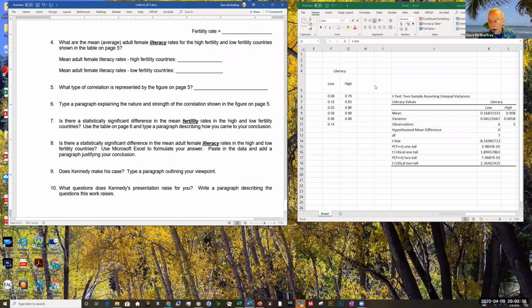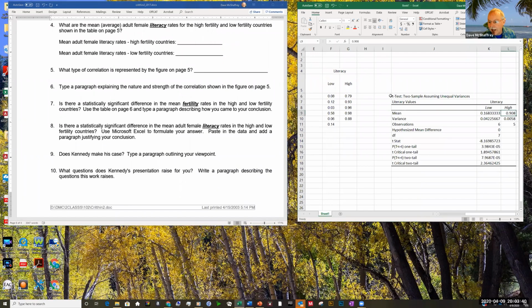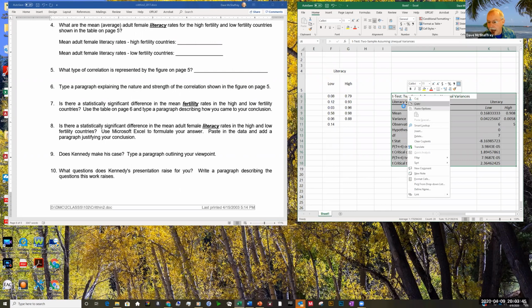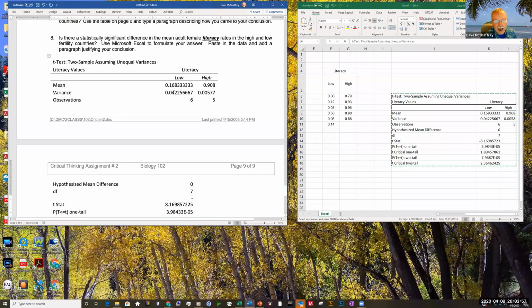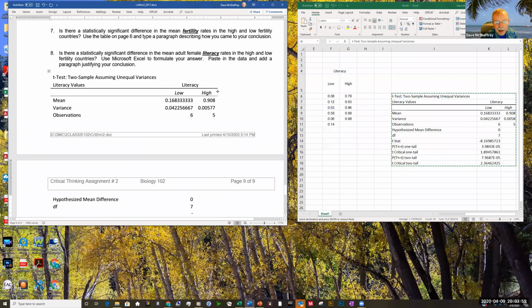But for this one, what you need to do is go back into Excel and grab your data here and do a copy, and then come over here and do a Control V and paste it in there, okay? And you might need to stretch this out a little bit so that those numbers aren't getting off.